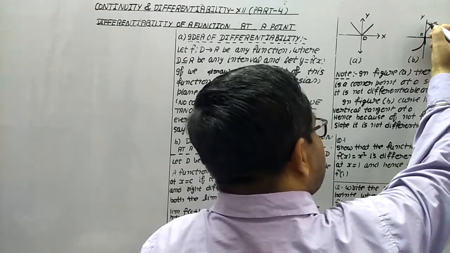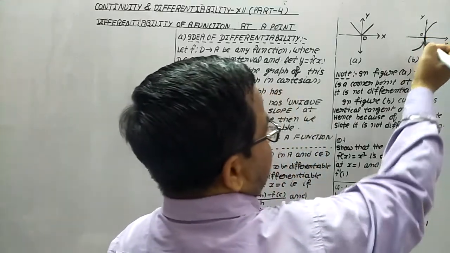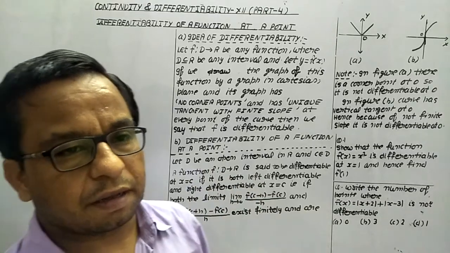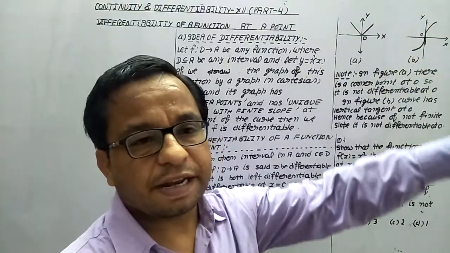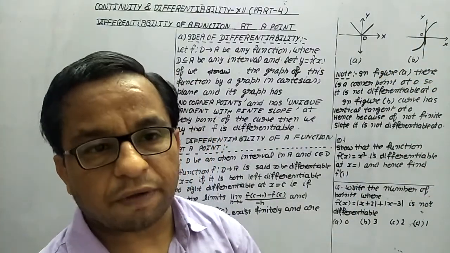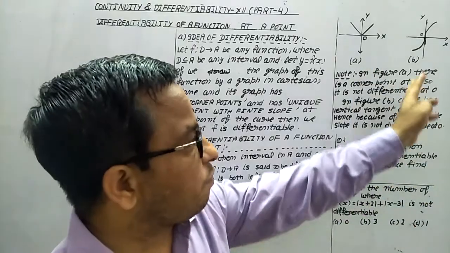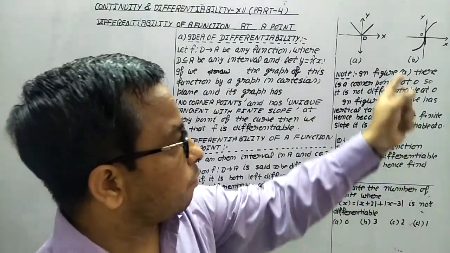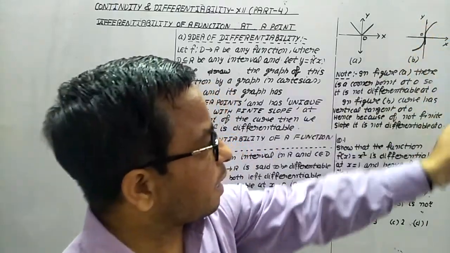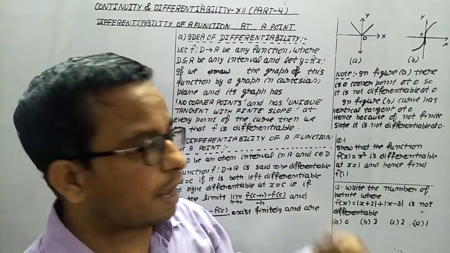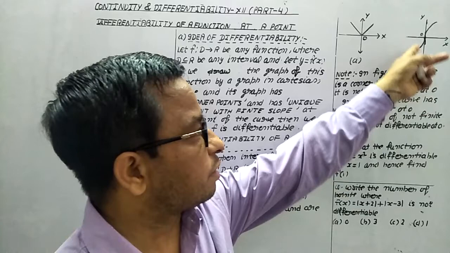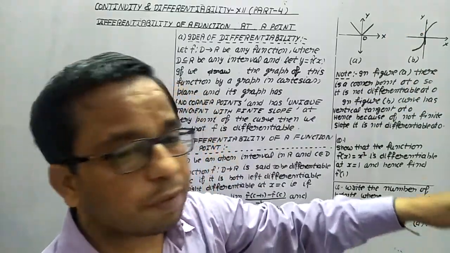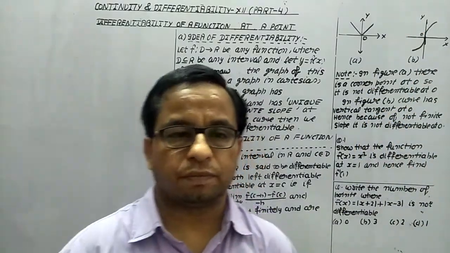It means the tangent is there, but the slope is not finite, because this becomes 1/0, and 1/0 means not defined. So the tangent exists, but the slope is not finite. Hence we can say this function is also not differentiable at O.